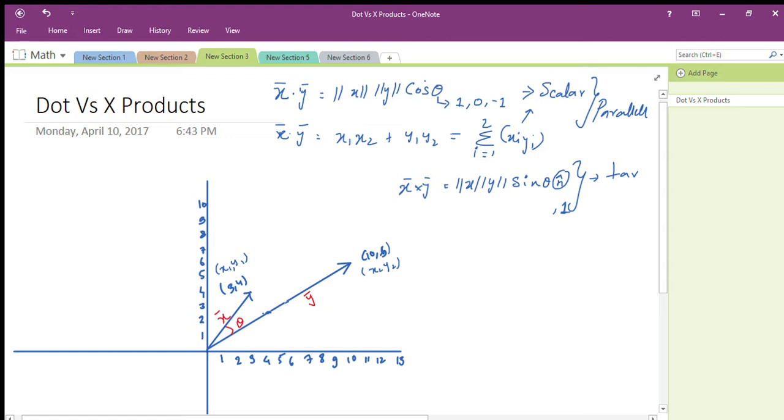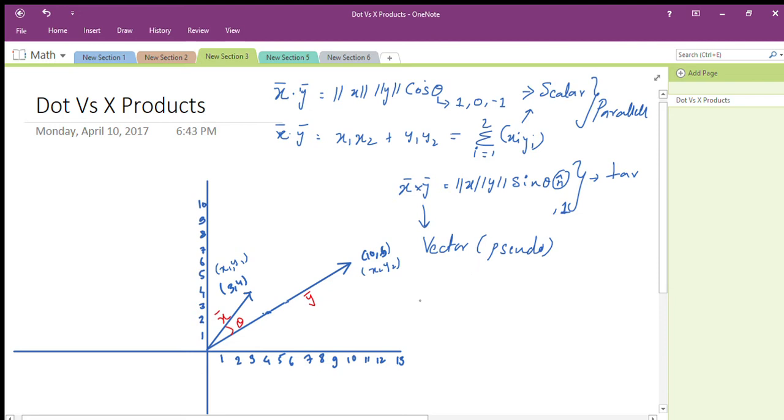And probably over here, the vector is shooting into the plane, right? So there's something called the right hand rule, and you can put your index finger on x, the first vector, the middle finger on the second vector, and your thumb would give us the direction of the resultant vector. In some places, x bar cross y bar is called a pseudo vector. So this is also a vector, and sometimes it's referred to as a pseudo vector.